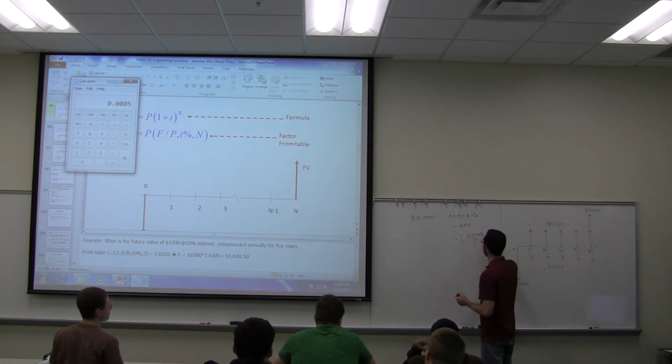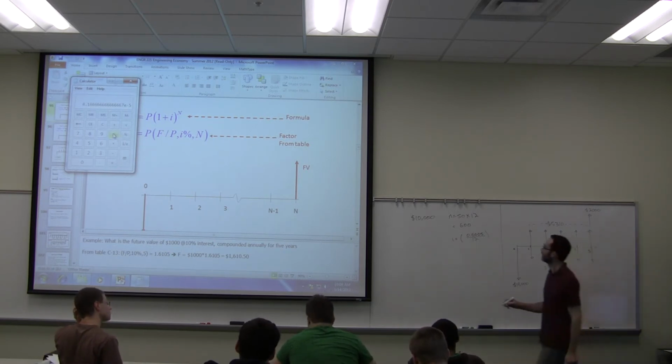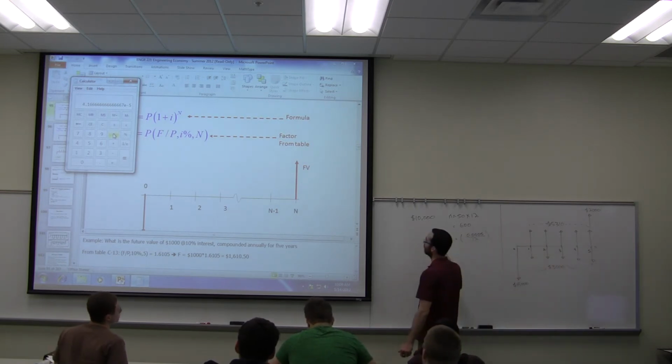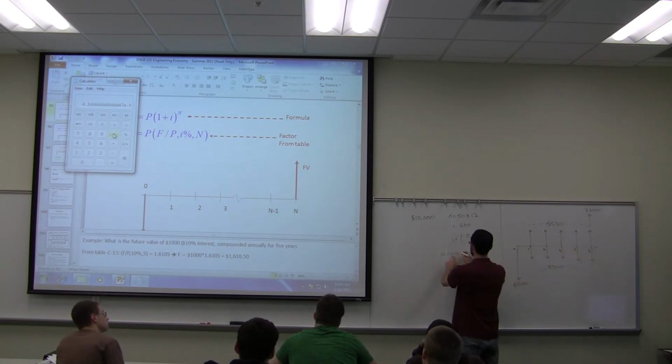Now we have to divide by 12, and so the interest rate per period, oh boy, okay, so 0.00, how many zeros is that? 1, 2, 3, 4, 1, 6.